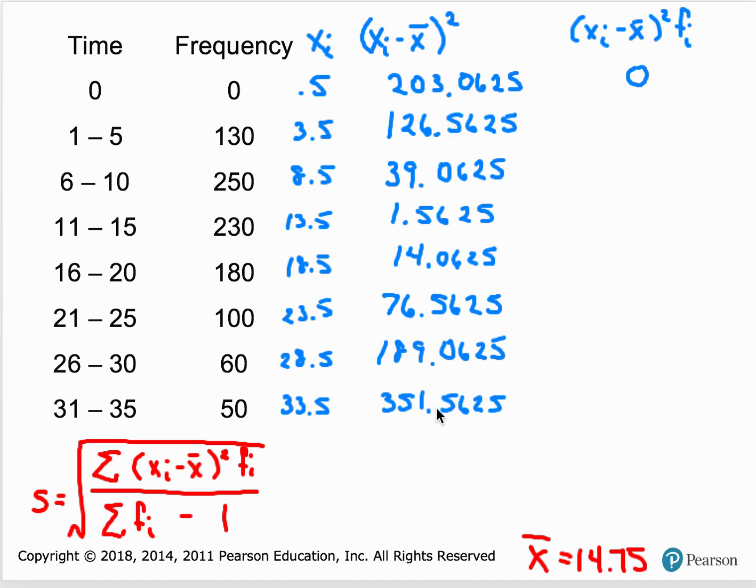So I'm going to do that times 50. 17,578.125. 189.0625 times 60, right? Keep up with the columns that we're doing. 11,343.75.